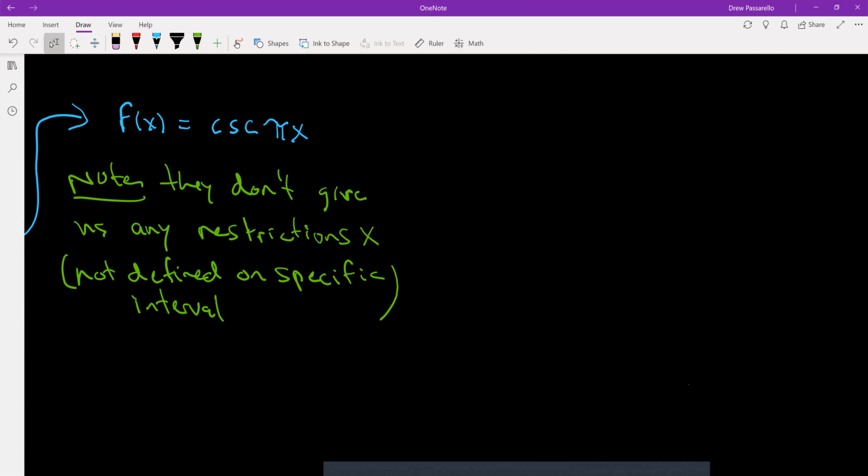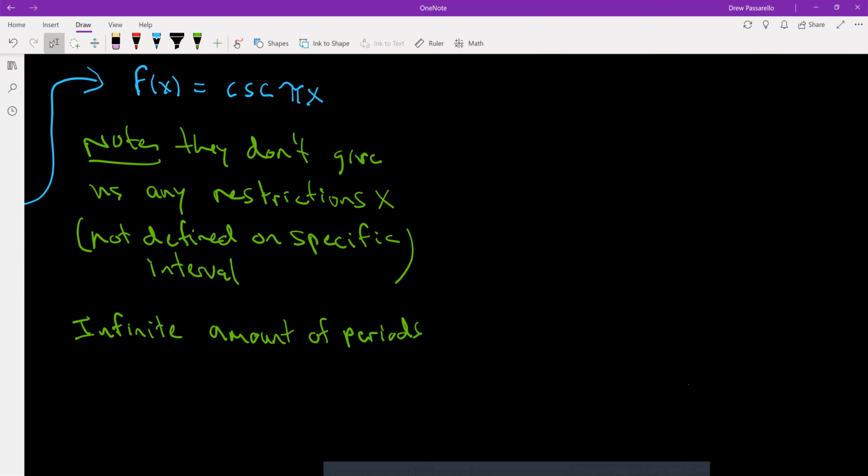So it's going to be periodic, and there's going to be an infinite amount of periods. So that means my answer, if there is a vertical asymptote, is probably going to be more than just 1.